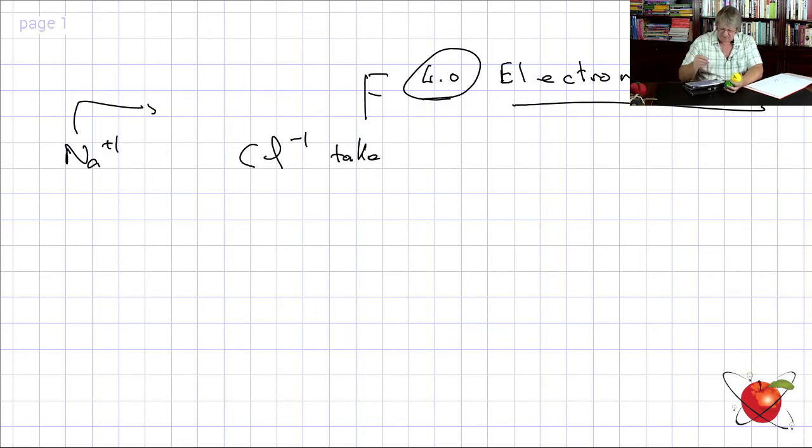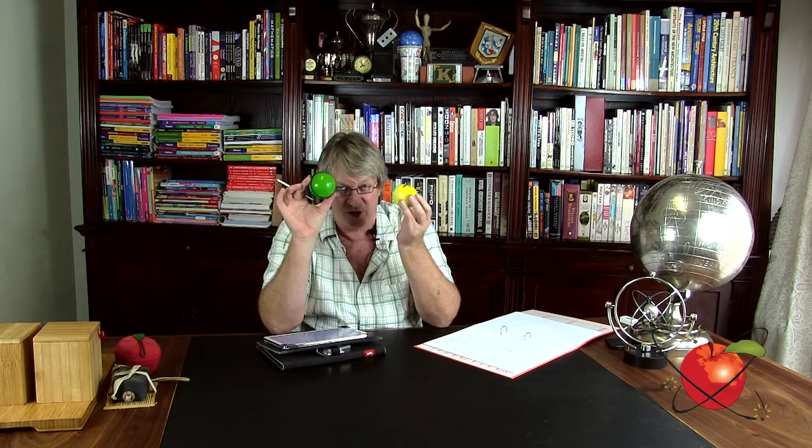Positive give, negative take. What it means is the chlorine takes the electron from the sodium. Sodium wants to get rid of it, chlorine wants to take it. That allows sodium to drop back to the same electron configuration as neon, a full structure. Chlorine moves up to the same structure as argon, a full structure, by taking this electron away.